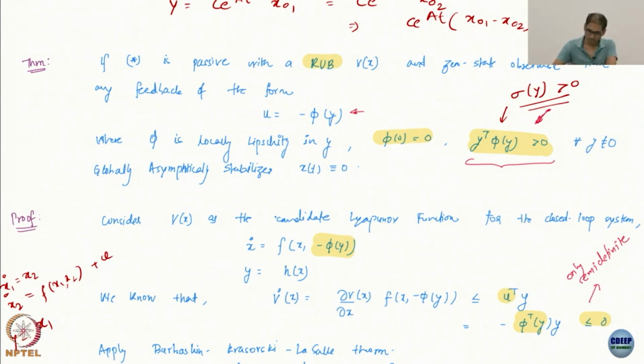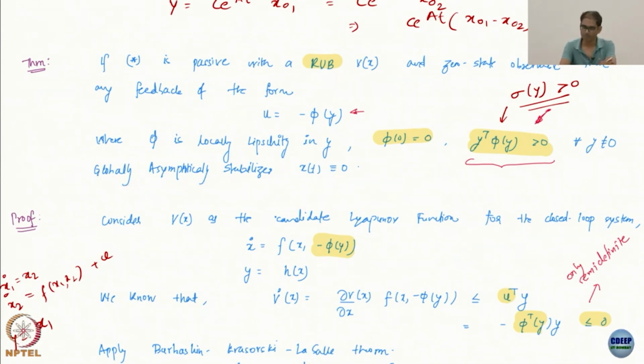So, if the system that we just saw is passive with a radially unbounded storage function V of x and zero state observable, then any feedback of this form, where phi is locally Lipschitz in y, phi is 0 at 0, and y transpose phi(y) is strictly positive for all non-zero y, this globally asymptotically stabilizes the zero state, okay.